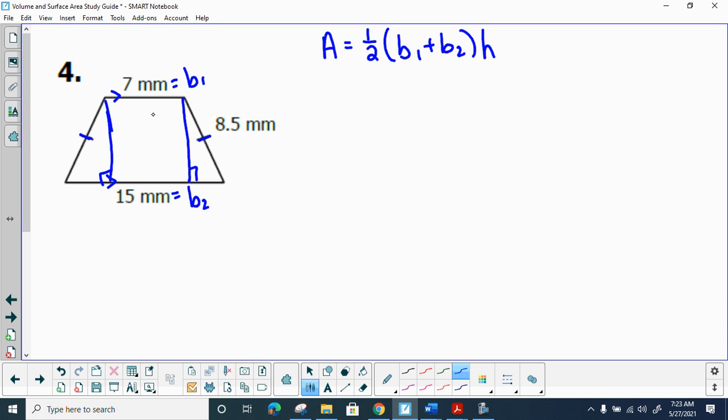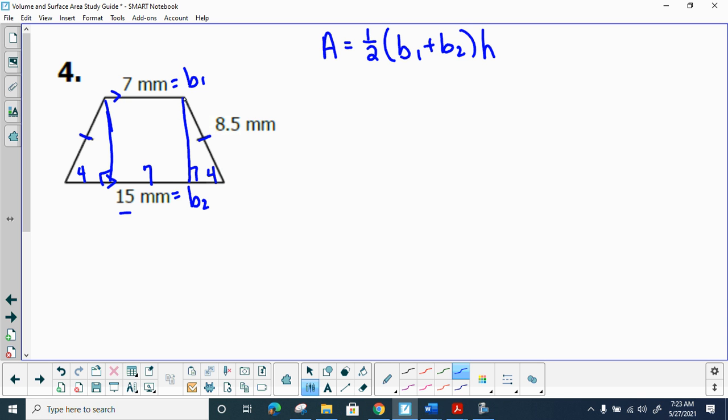So let's imagine cutting this rectangle out of the middle of this trapezoid. This length would be 7. Okay, that would leave 8 left over for the two triangles. So divide that by 2. So that would give us 4. So 4 plus 7 plus 4 would equal 15. Just cutting that 15 up.